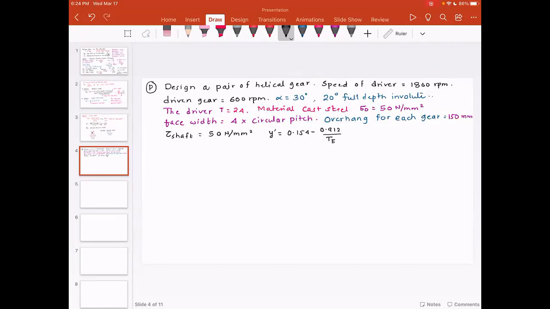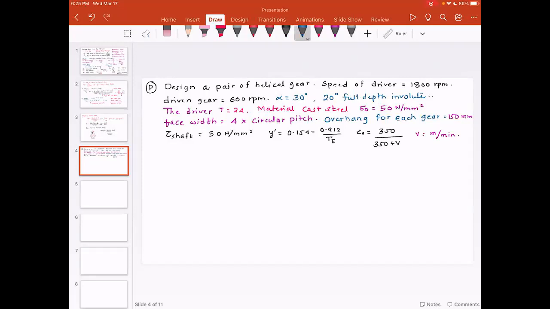And the velocity factor, CV, is given as 350 divided by 350 plus V, where they specifically say V is in meters per minute. And we can actually start with the design.